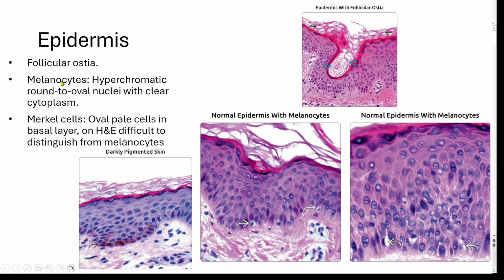And then we have the melanocytes, which are an amazing type of cell, producing melanin, which deposits into the basalis layer and gives the skin the color that it has, basically. And we have Merkel cells, which are very difficult to distinguish from melanocytes because they both have very pale cytoplasm in the basal layer.